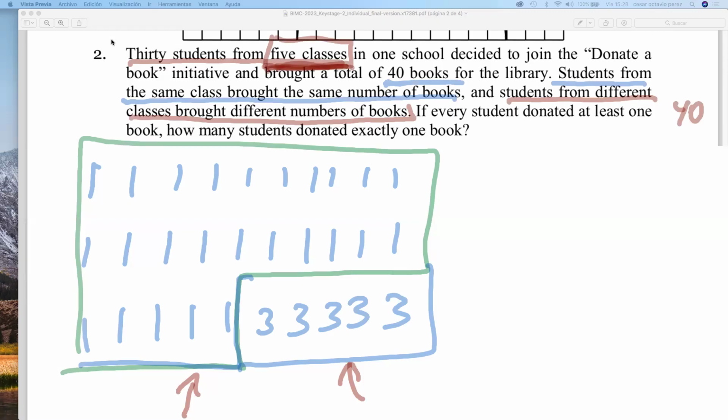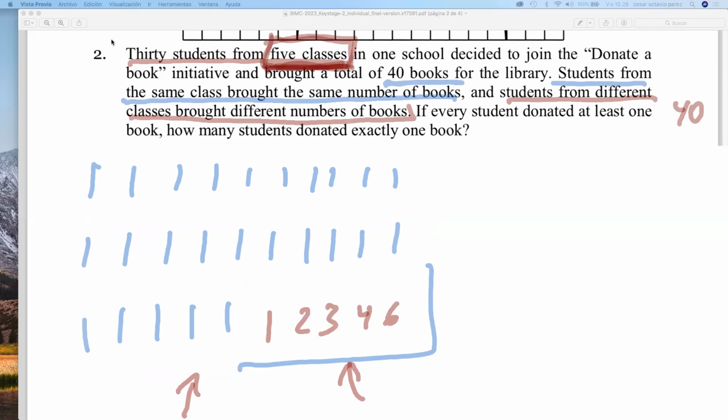In your solution with 26 children that gave 1 book, the 26 children are in more than 1 class. Yes, because we need students from 5 classes.